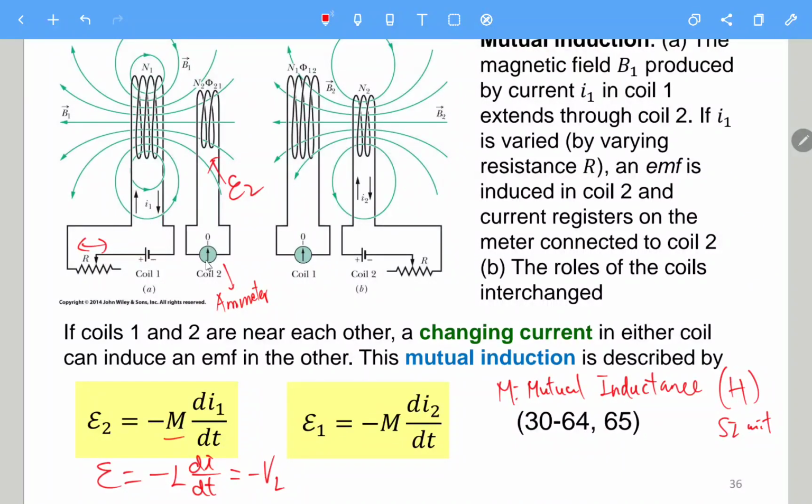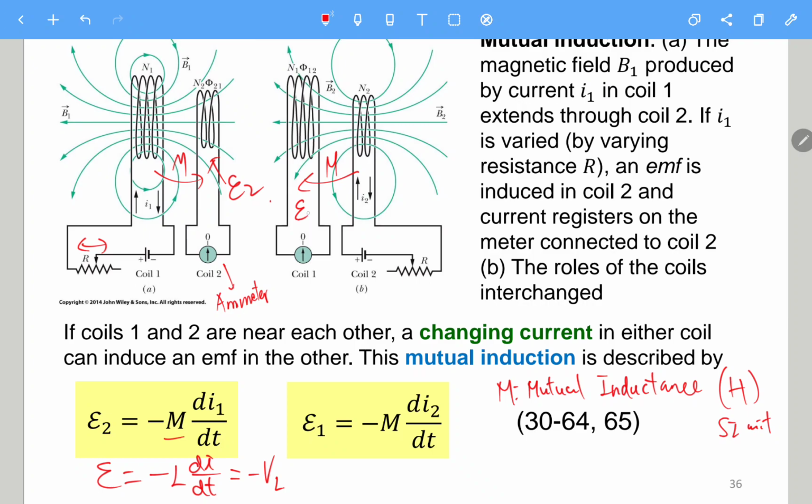Of course, you can also use a voltmeter to measure the EMF here. Actually, for the experiment next week, we are using a voltmeter to measure the induced EMF value. For this setup, we connect the source to the secondary coil. So here we have di2/dt, and from here to here is M, from here to here is also M. For simplicity, we just have a negative M di2/dt for E1.